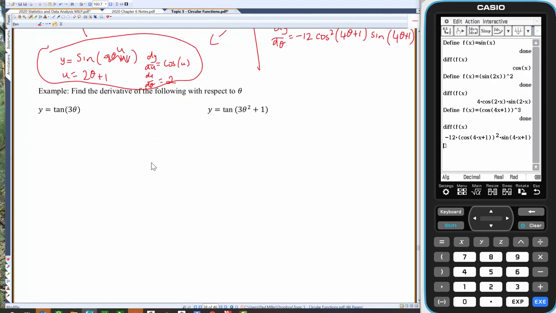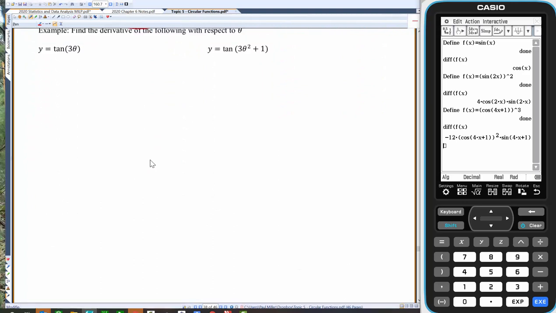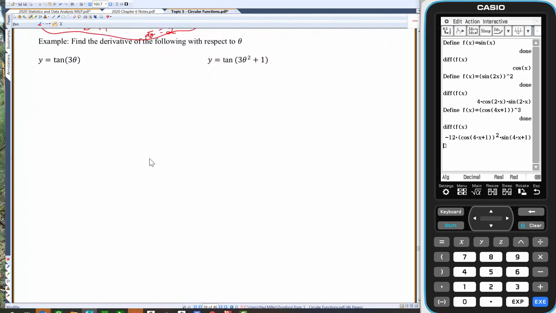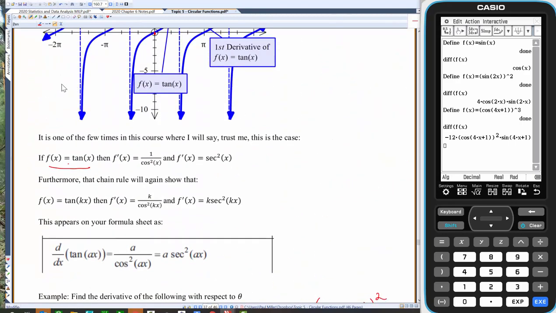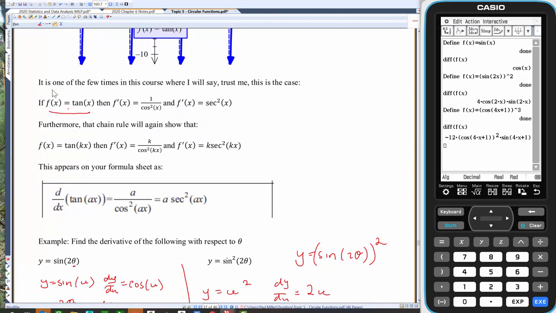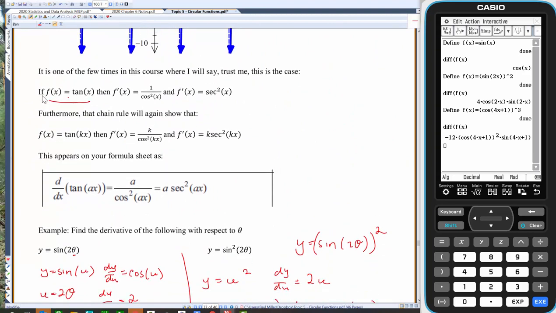All right, so the last couple of questions I think are looking at tan. So y equals tan of u, where u equals 3 theta. So dy du equals, now what is the derivative of tan? Let's go back and review it, because again, this is one of the things in the formula sheet that I'm just going to have to note.